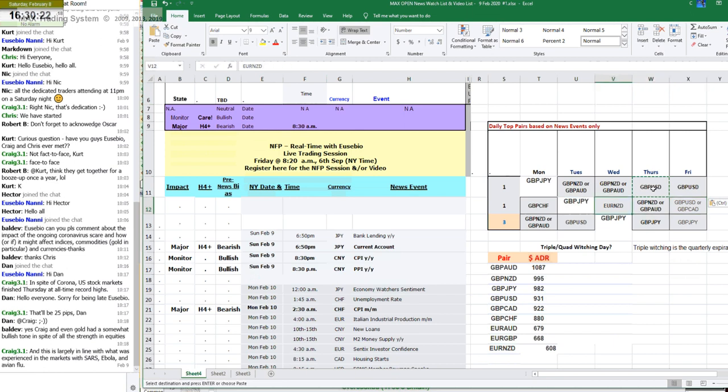Then the euro kiwi or euro Aussie. And then the euro pound. Okay. It's not usual to have that list of pairs. No, yes, I kind of mixed it up.